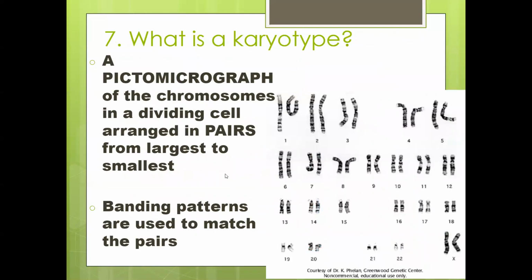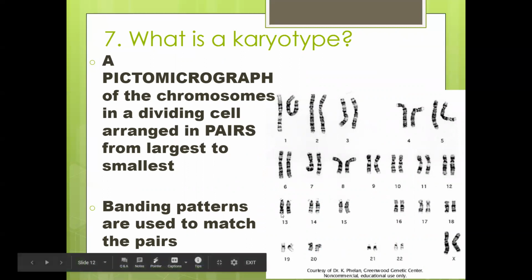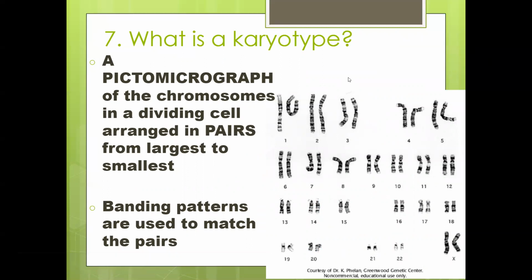What I was saying earlier, what is a karyotype? This is a karyotype. This is actually a proper real image. It is not a computer generated image like the other one was, which is actually helpful because you can see the little gene bands in the chromosomes as you look through it. It is a photomicrograph of the chromosomes in a dividing cell arranged in pairs.